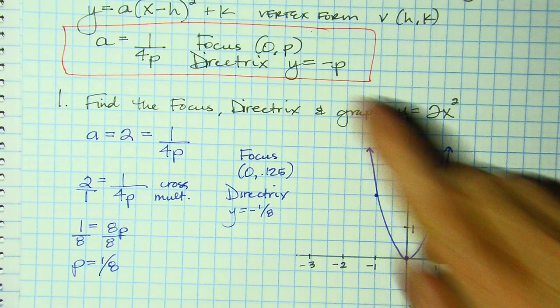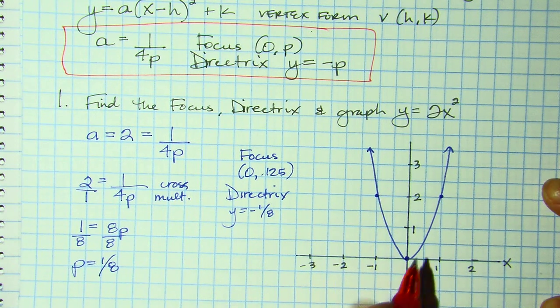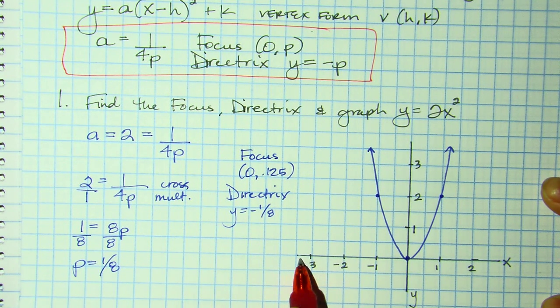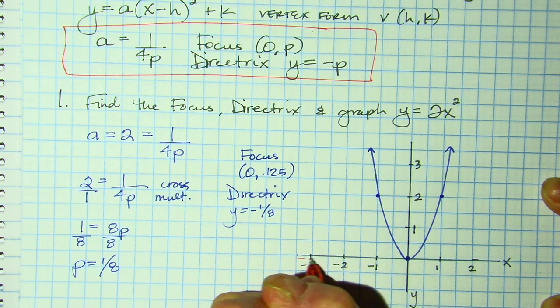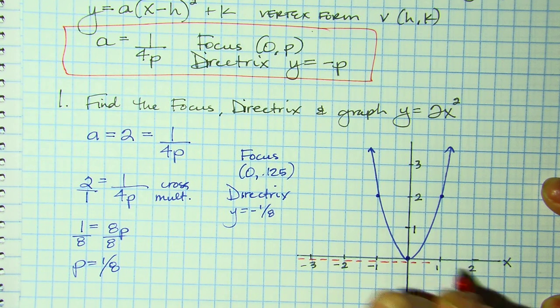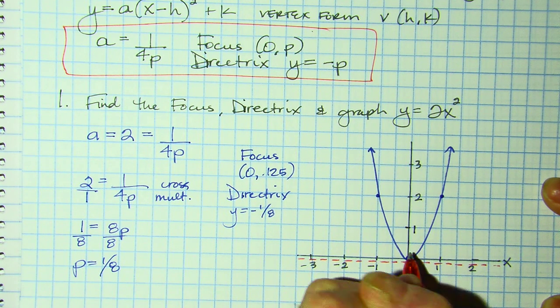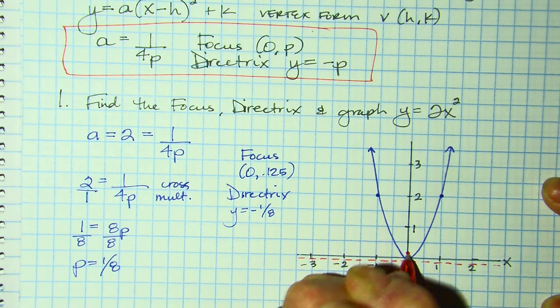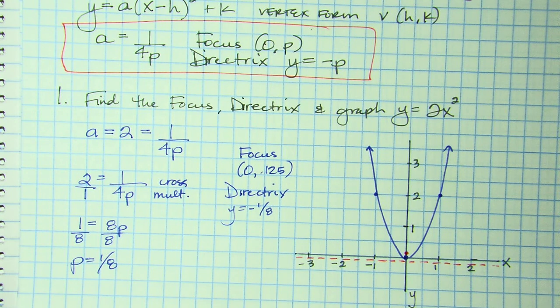It's the opposite. So negative 1/8 would be right below, right? So I have an invisible directrix at negative 1/8. And I have a focus really right above the vertex. And so that would be it.